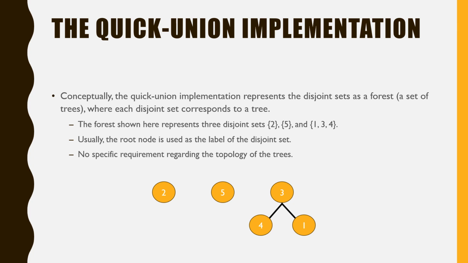Each set is identified by its root node. For instance, the set that contains elements 1, 3, and 4 is labeled 3, because element 3 is its root. In our case, there are no specific constraints on the tree topology. Any node within a tree belongs to the same disjoint set.